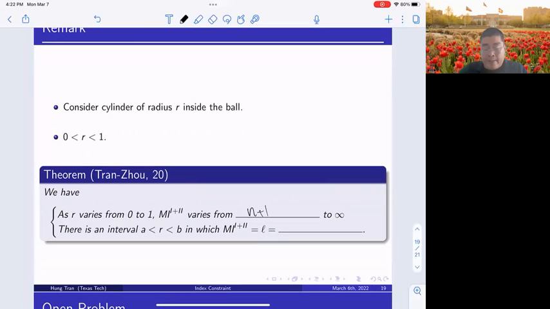And also there is an interval such that if the radius is inside the interval, then the index is exactly equal to n plus 1, and the number L here is also equal to n plus 1. So for these cases, the inequality, the index estimate, actually becomes an equality. So that's why the index estimate is sharp in that sense.